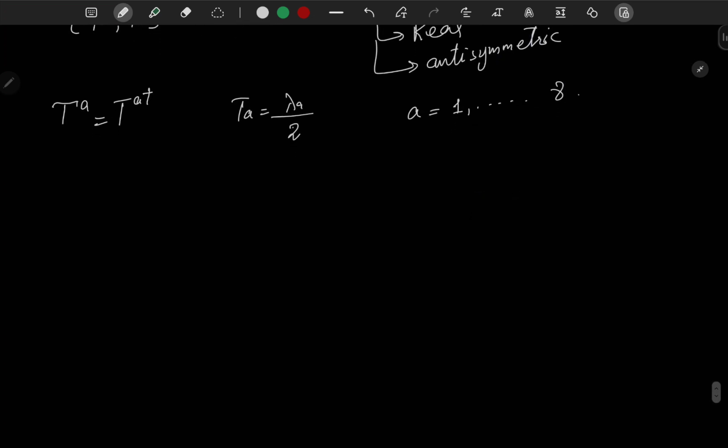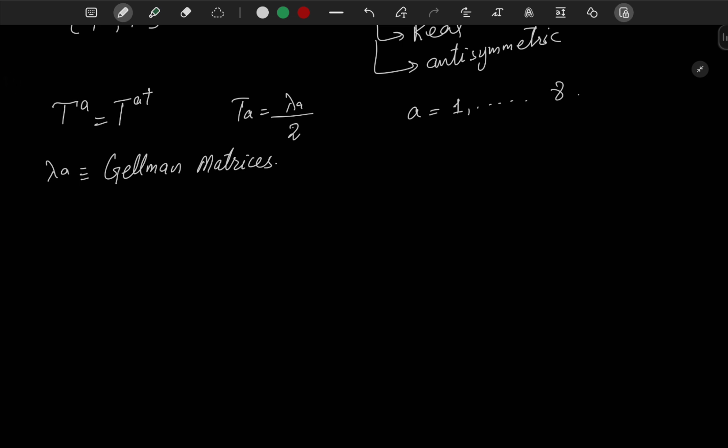So let's see what the lambda_a are. Lambda_a are Gell-Mann matrices. So I'm going to write down these matrices here.